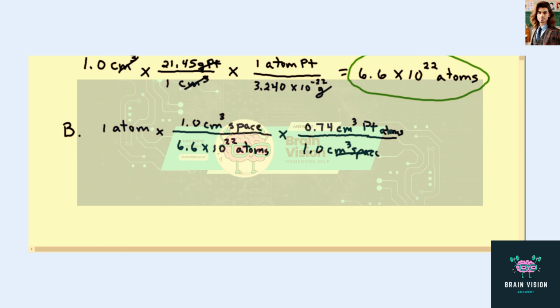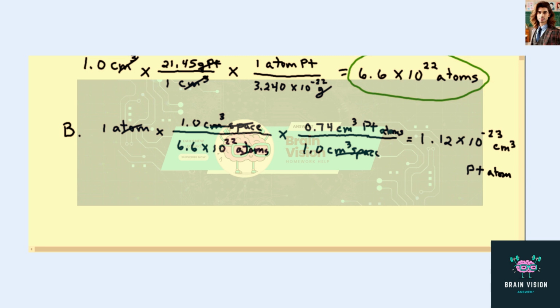All right, so let's look at what cancels here. Centimeters of space cancels, atoms cancel, and I am left with the volume per platinum atom of 1.12 times 10 to the negative 23rd centimeters cubed for every platinum atom.